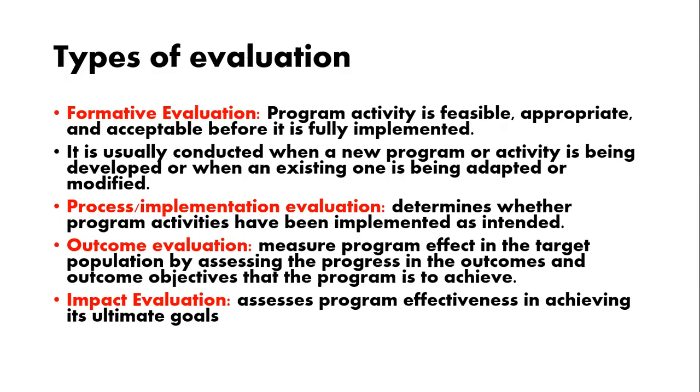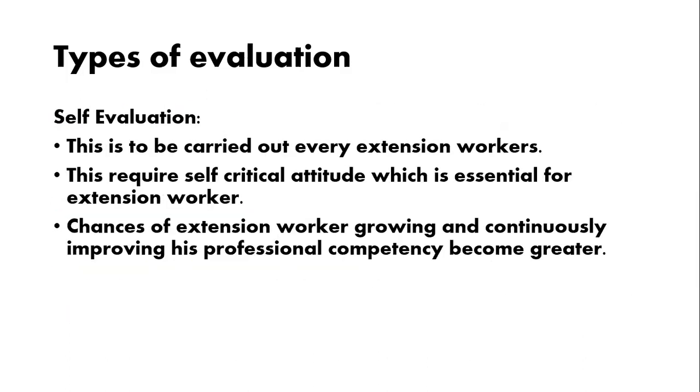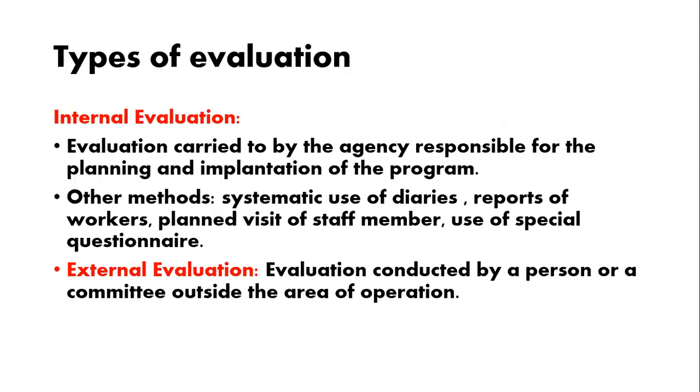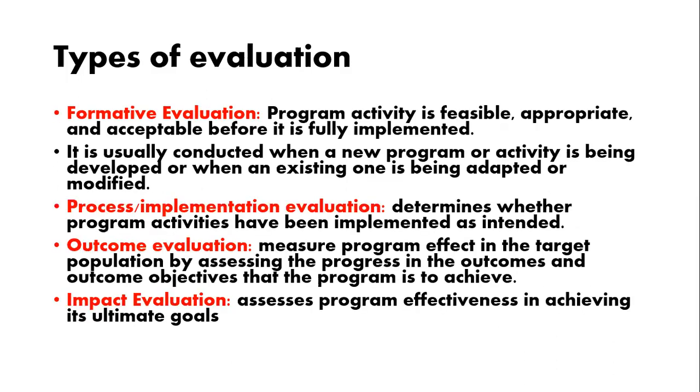These are the few types of evaluations. One is self-evaluation, where the extension worker assesses his performance by himself. The other types are external and internal. The people who are internally engaged in the project check and evaluate, and this is called internal evaluation, and when external people come and check, this is called external.